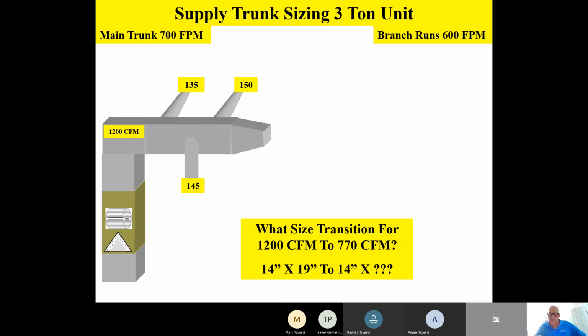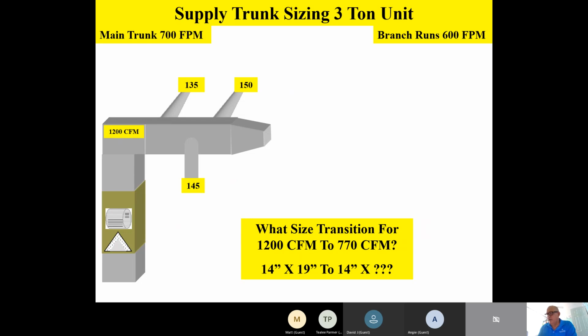So take your duct calculator, and we're going to go from a 14 by 19 main trunk, and we're going to transition down to another size main trunk to maintain that velocity down the main trunk. So we're going to go from a 14 by 19 down to a 14 by something to give us 700 feet a minute velocity in the main trunk at 770 CFM.